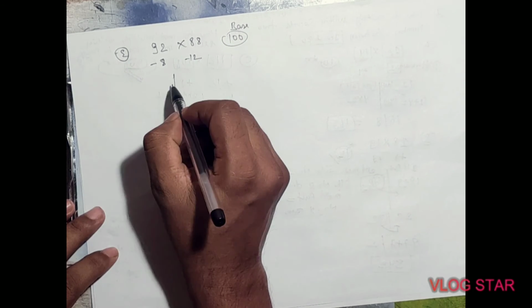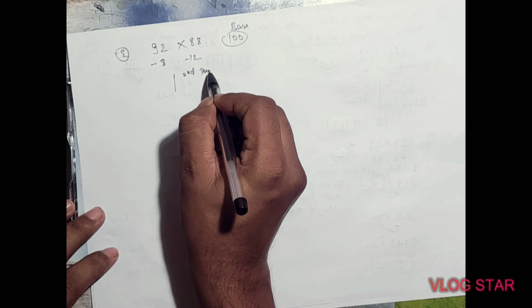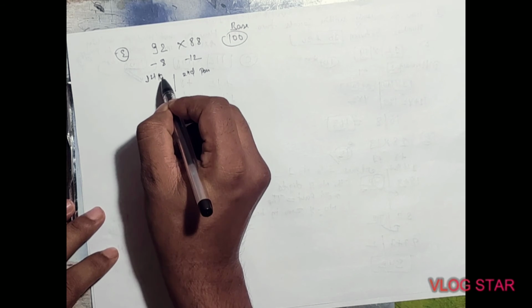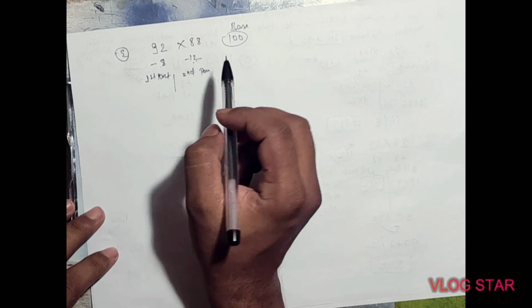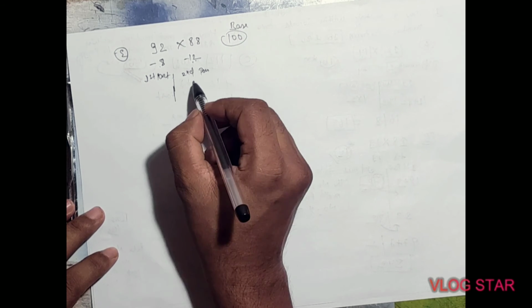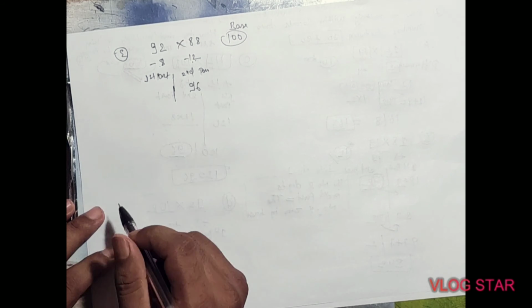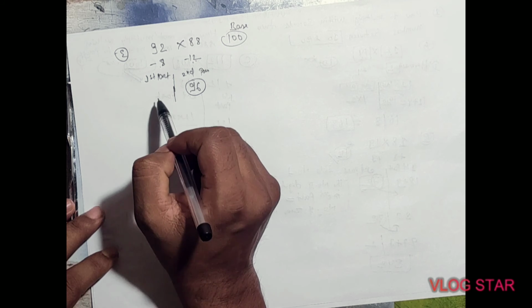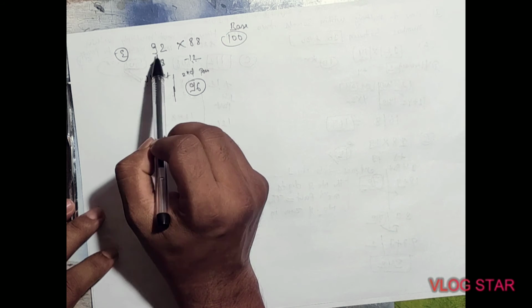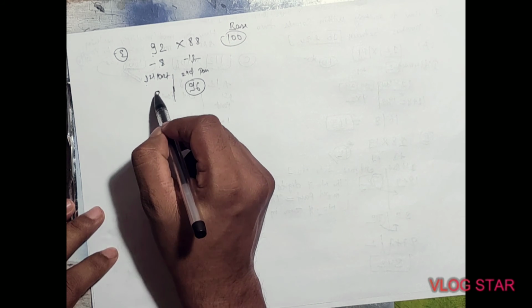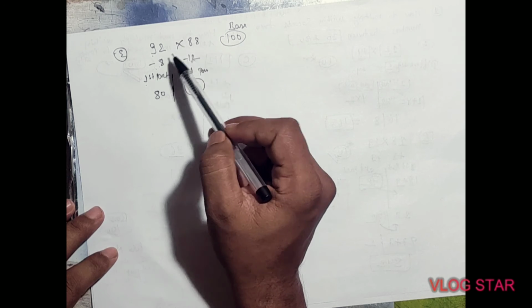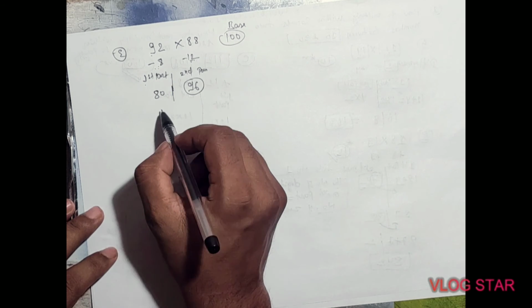Now again first part and second part. Again multiply these two numbers, we will get 96. And in the first part we'll add these two numbers, 92 minus 12, then we'll get 80. Or we can also add 88 minus 8, we'll get 80.